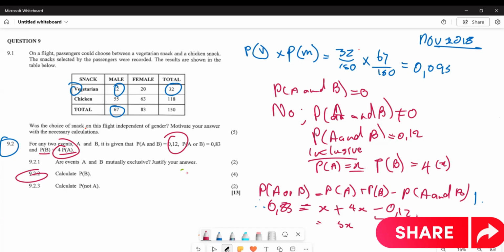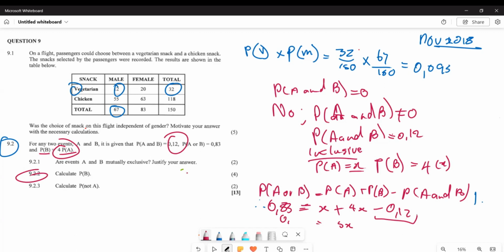When you say 0.83 plus 0.12, the answer you get is 0.95, right? Now you divide by 5 on this side and on the other side, then your value of X is going to be 0.19. Look at me writing this not nicely. We are saying this is 0.19.